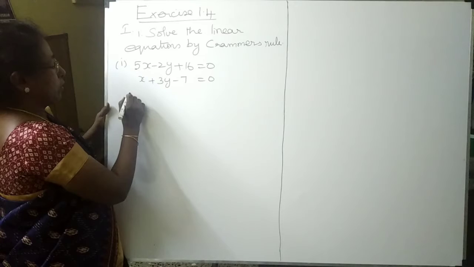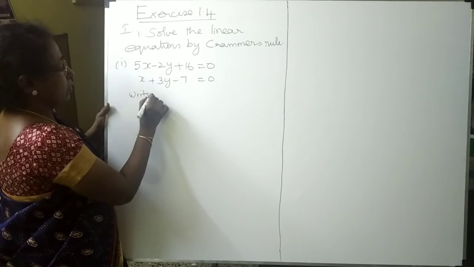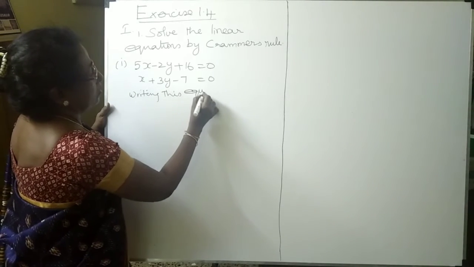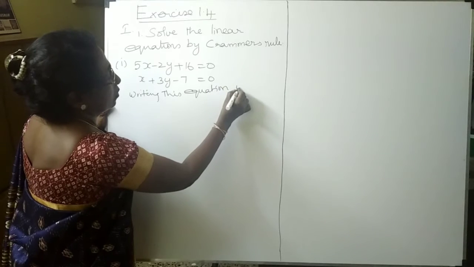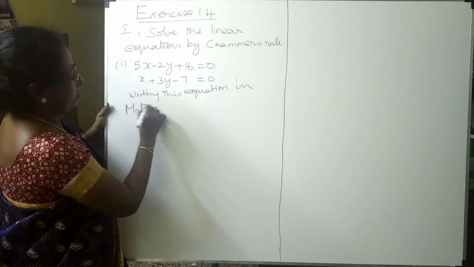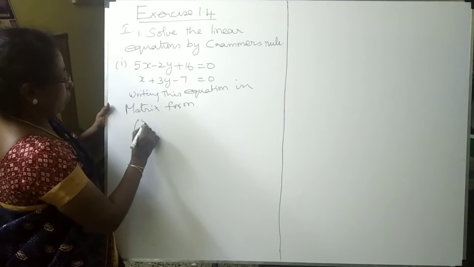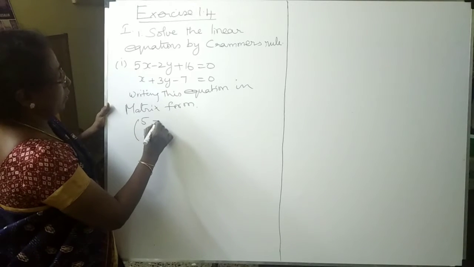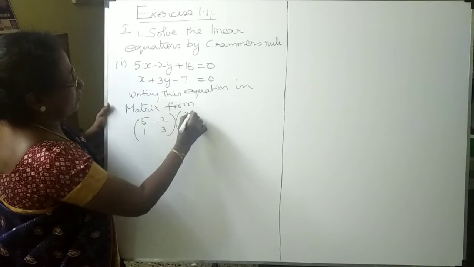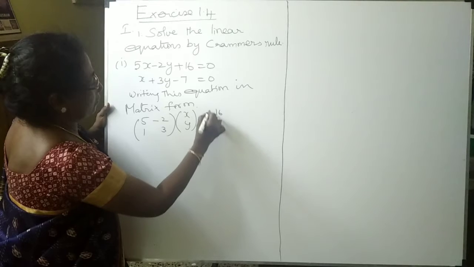Writing this equation in matrix form: [5, -2; 1, 3] times [x; y] is equal to [-16; 7].